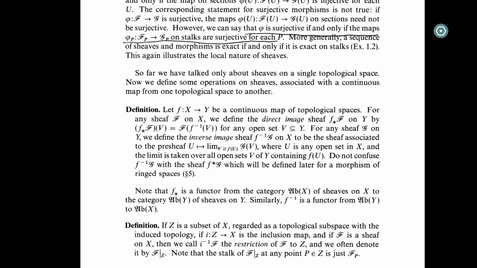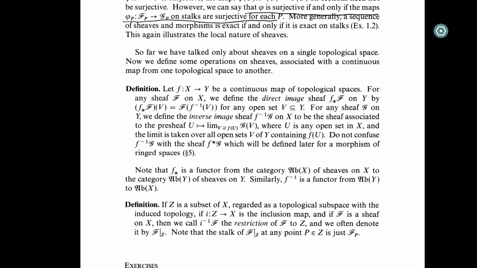We can define some operations on sheaves associated with a continuous map from one topological space to another. So if we start from a continuous map of topological spaces, then for any sheaf on X, we can define a sheaf on Y, called the direct image sheaf, in this obvious way.